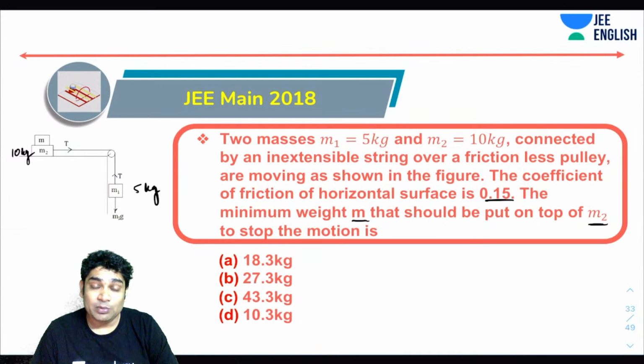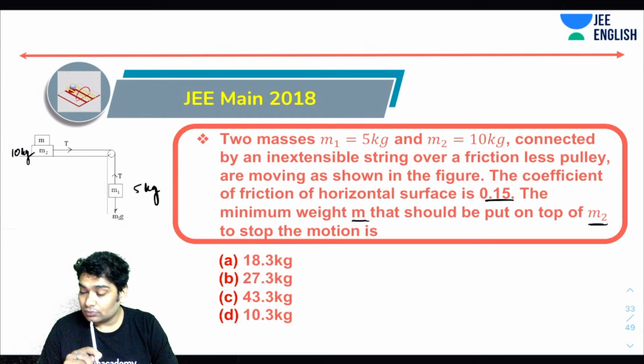So what is the minimum weight of M which is required to be placed on M2 which will stop the motion? Let's quickly get this one. Try this quickly and let me know your answers fast.